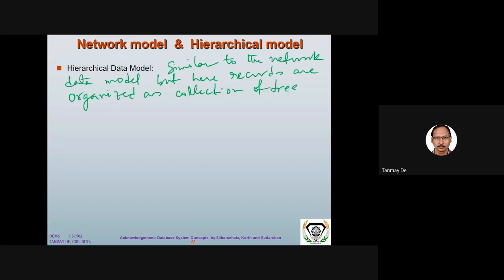That is, this is a tree-like structure, a collection of trees, rather than arbitrary graphs. Okay.